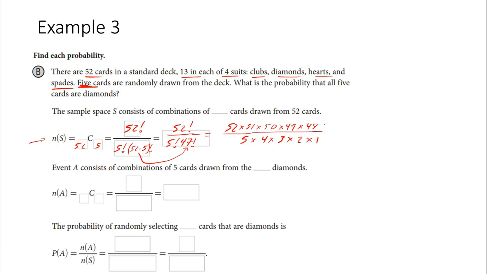Now, I know what you're thinking, Mr. Webb, what happened to the 47 times 46? Well, they got crossed out by the 47 factorial, so they really just canceled each other out below that point.